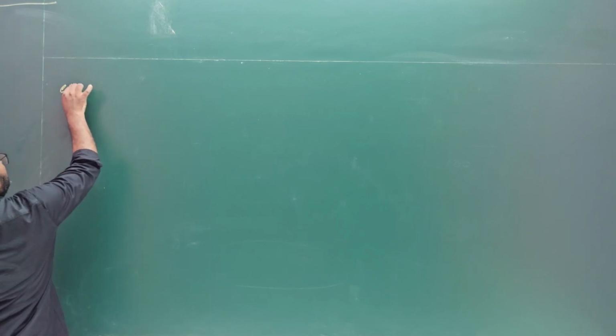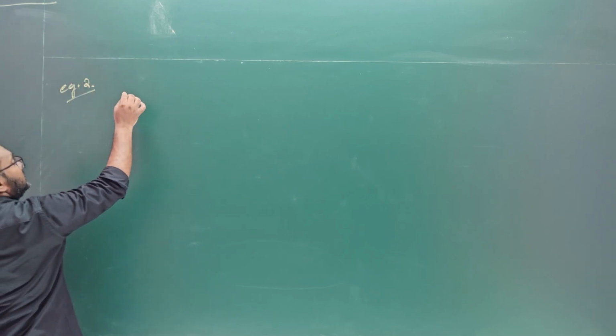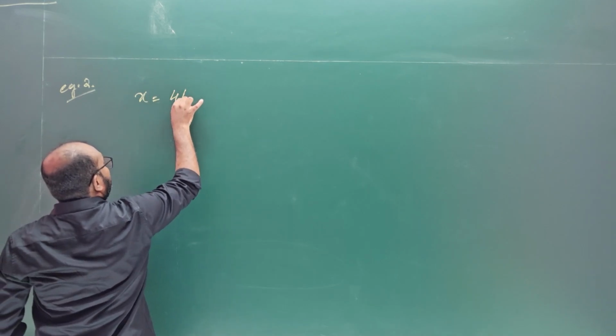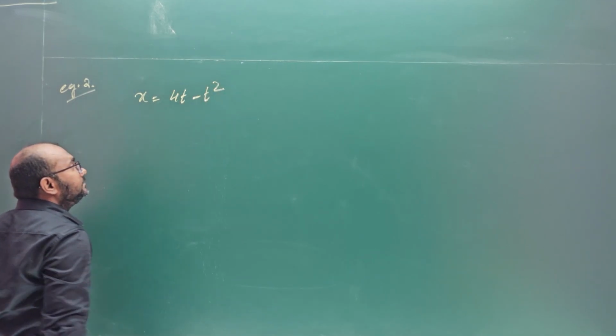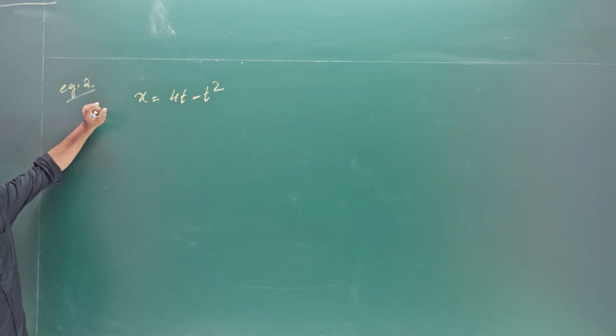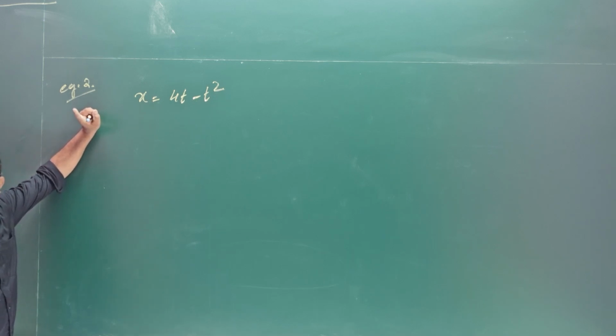Okay, now example number 2. Example number 2 is x is equals to 40t minus t square. Everyone close the book and just listen to me first. First try to understand. Now x is given as 40t minus t square. This is the question.